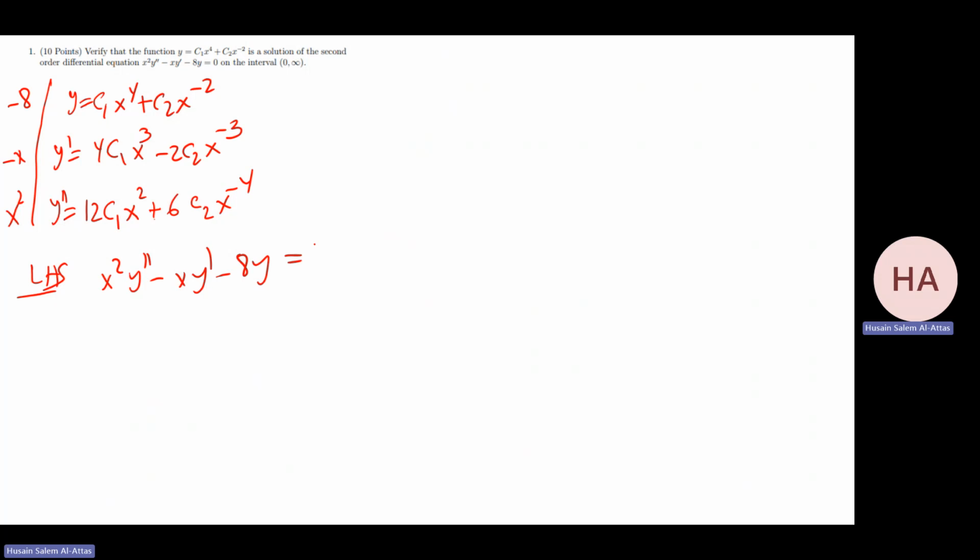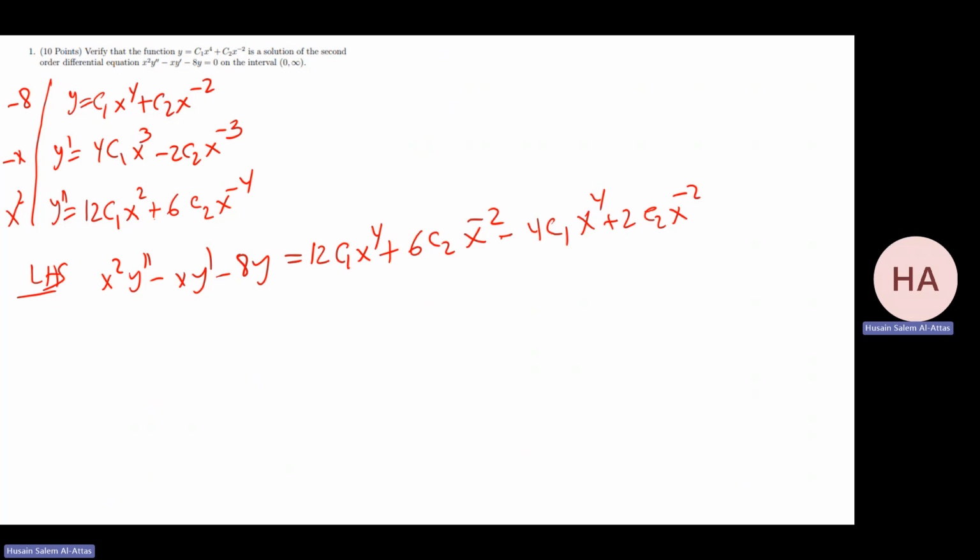Multiply, we have 12 c1 x to the power 4 plus c2 x to the power minus 2. Now here I have minus 4 c1 x to the power 4, plus 2 c2 x to the power minus 2.